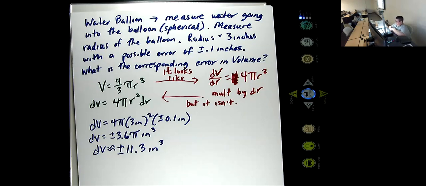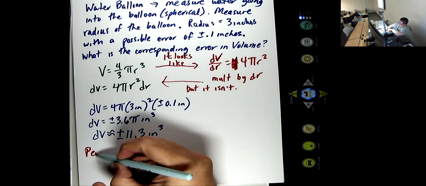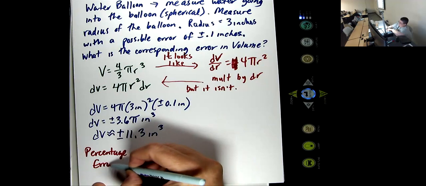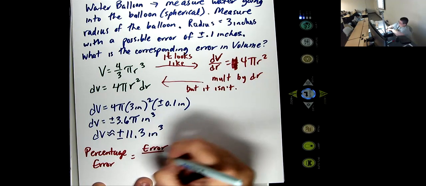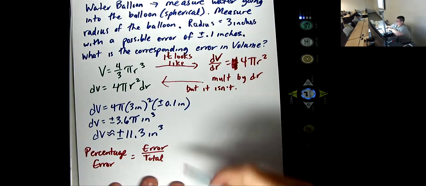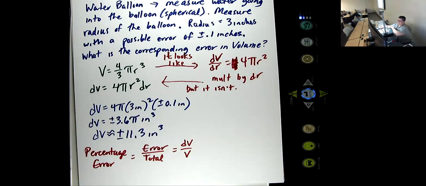Now, we're going to do it more on the next problem, but we can do it here. There's something called percentage error, which is error over total. That would be dV over V for this problem.